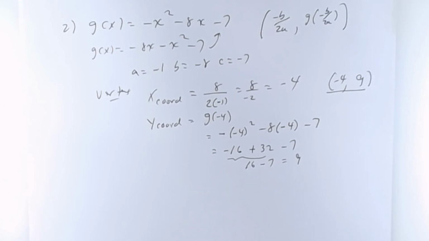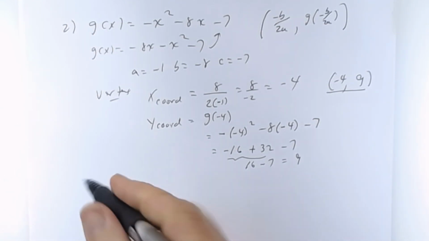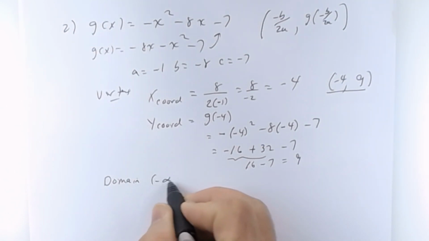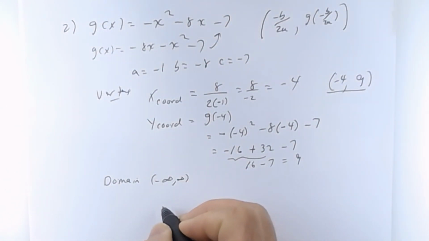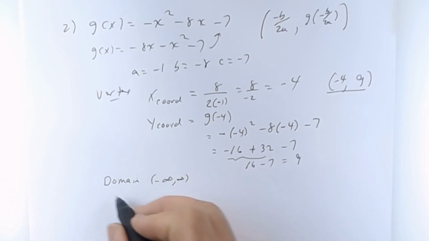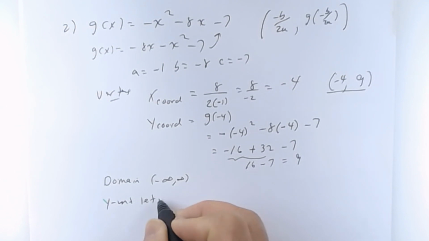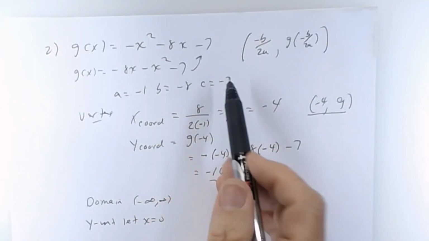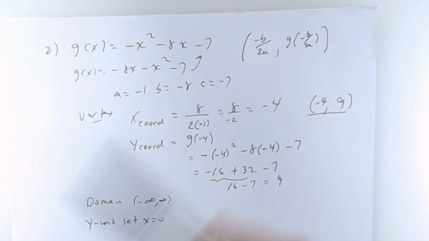Now remember, what's the domain? Negative infinity to infinity, because it's a polynomial function. So in the domain is the x value of 0. Yes. So letting x be 0 can help you to find the y-intercept. Now, in general form, it's a lot easier to determine what the y-intercept is versus the vertex form.